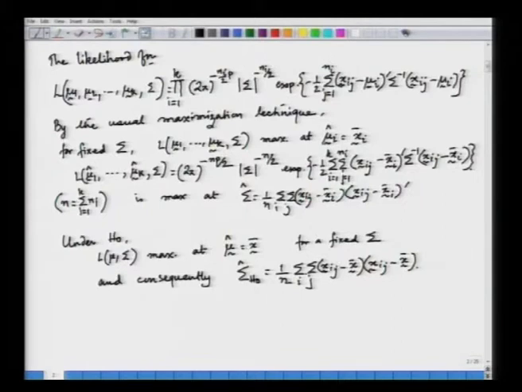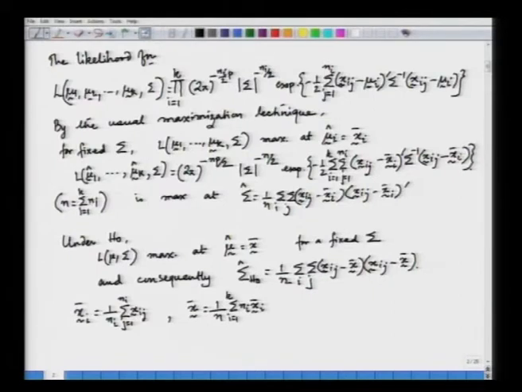Though we can easily understand what x_i bar and x bar are, we may still write that x_i bar is, with the ith population fixed, the sum considered over the observations in that fixed population, so j goes from 1 to n_i. This is element by element, because this is not a scalar but a vector valued observation now. Similarly, x bar is the weighted mean of the different population means, with i going from 1 to k.